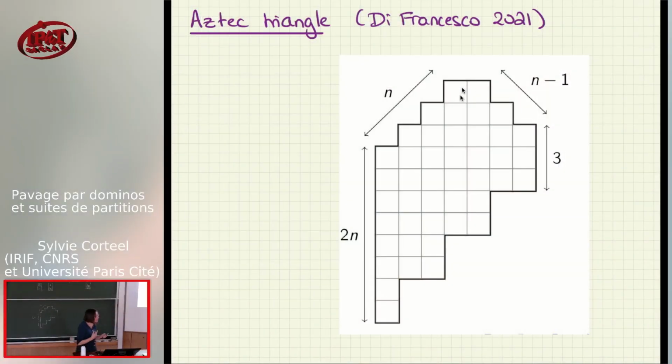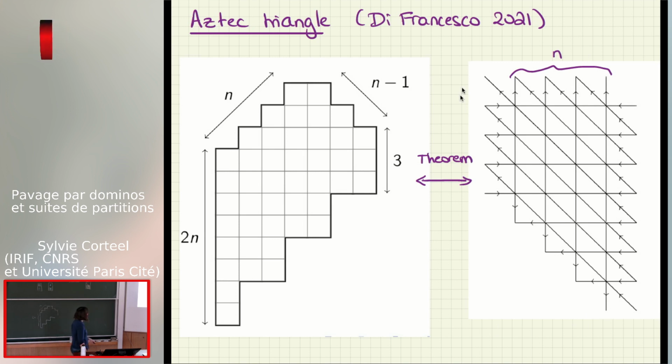Okay. So why did he study that? He showed that the number of tilings of this Aztec triangle is equal to the number of 20-vertex configurations of this, I don't know what the name of this shape is, but you have a square here, and then a triangle under the square, and then you have some fixed boundary conditions: on the top, everything exits.